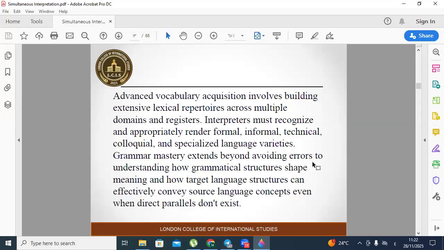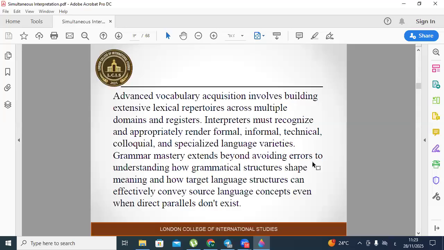Grammar mastery extends beyond avoiding error to understanding how grammatical structures shape meaning, and how target language structures can effectively convey source language concepts, even when direct parallels do not exist.